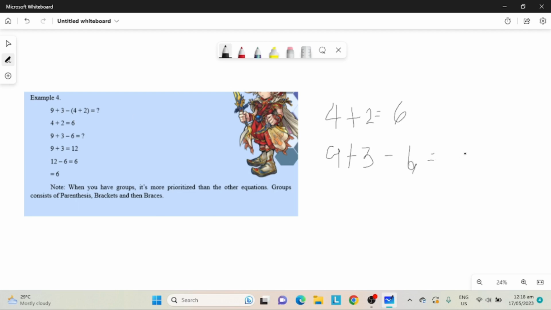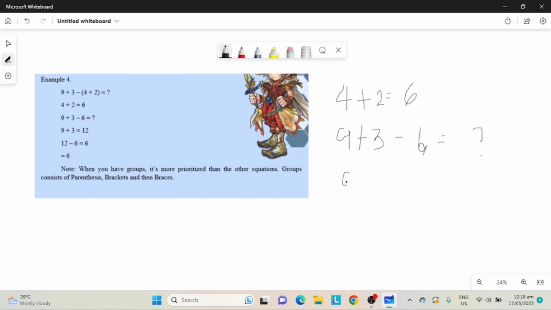Now do the operations. 9 plus 3 is equal to 12. 9, 10, 11, 12. Carefully. Then we have 12 minus 6 is equal to 6.